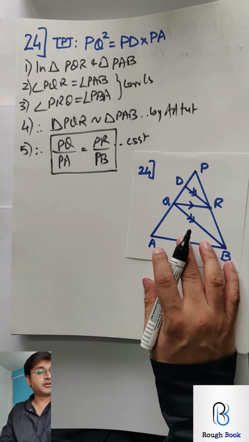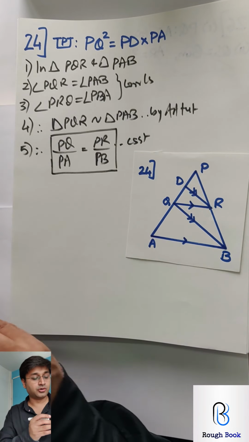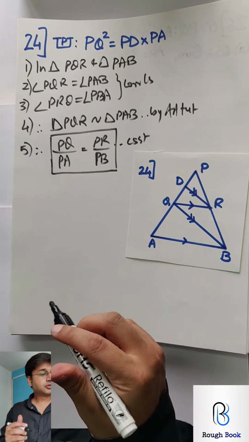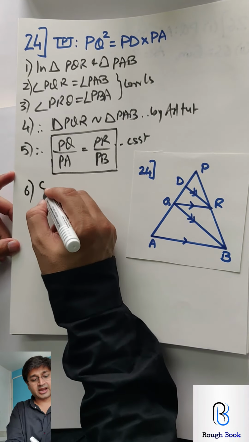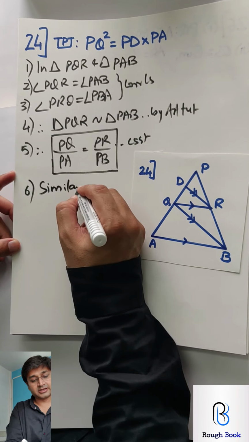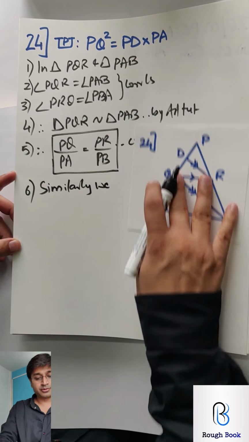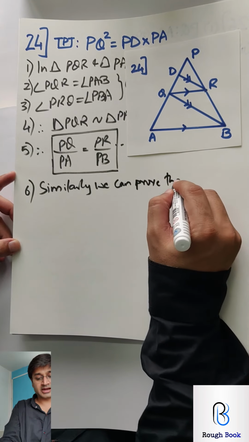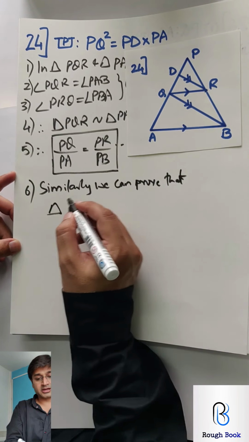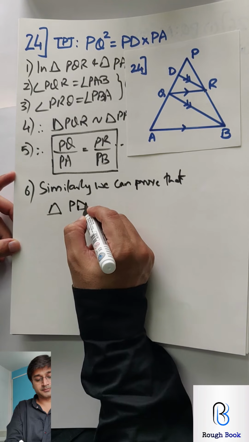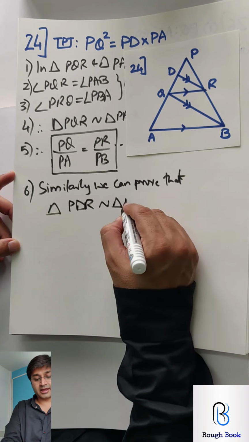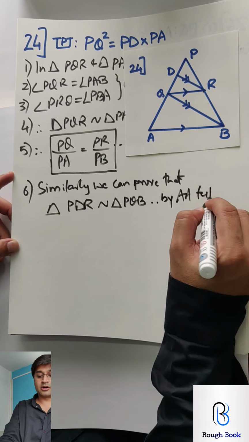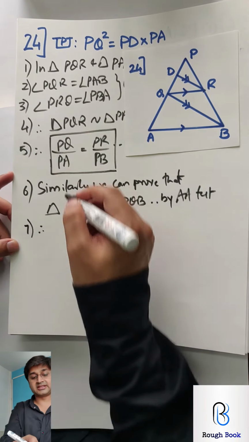So likewise, go for the other 2 triangles which I just told you, that is triangle PDR and PQB. Instead of writing the same steps, you can directly say similarly we can prove that triangle PDR is similar to triangle PQB by AA test. That is allowed in the board, so don't worry because they are the same steps.